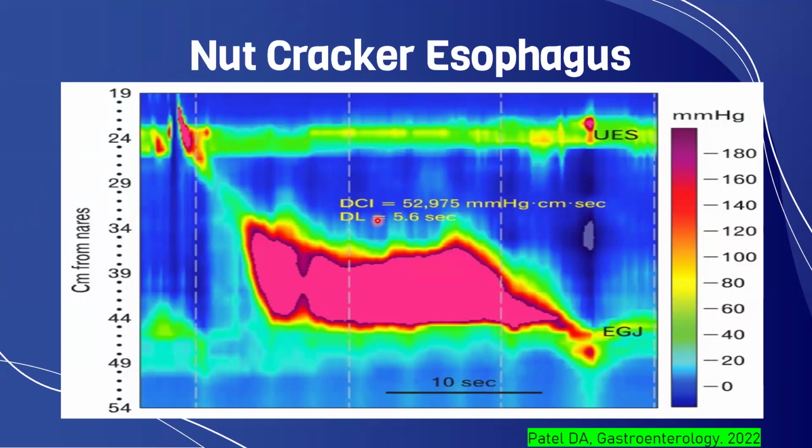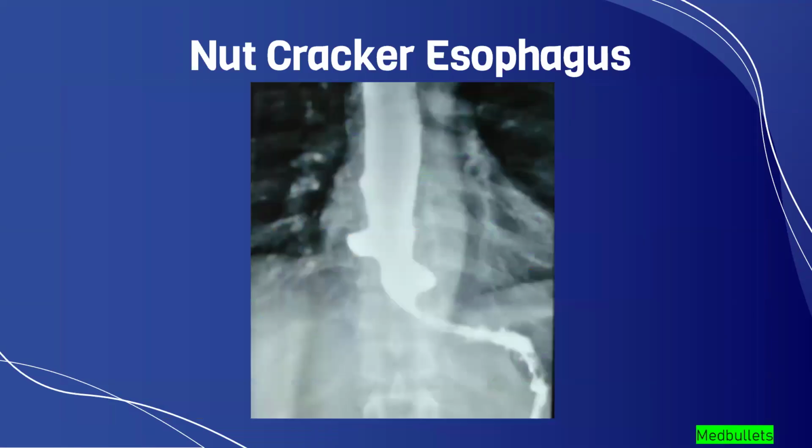As we can see over here, it is 52,900, with a distal latency more than 4.5 seconds and a normal integrated relaxation pressure. This esophagram is not specific to nutcracker esophagus, but it can be found in patients with nutcracker esophagus also.